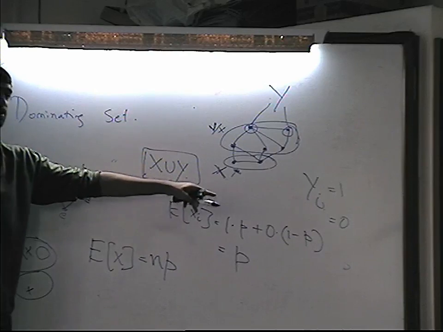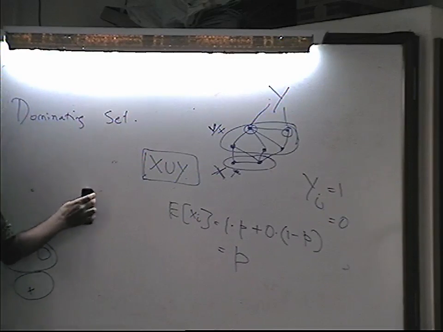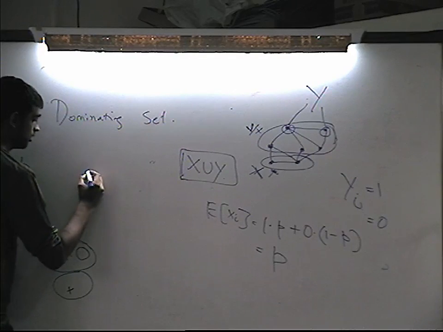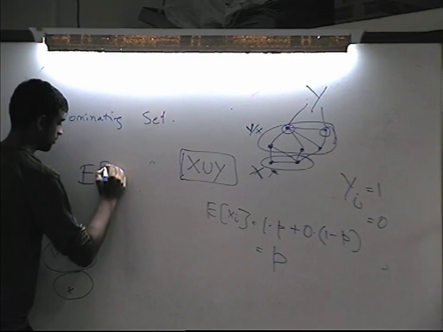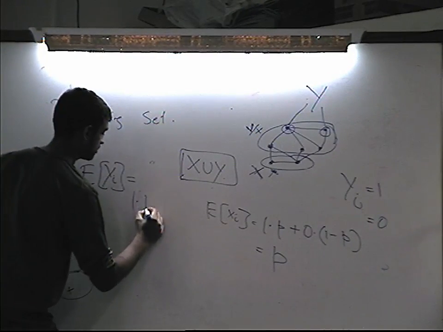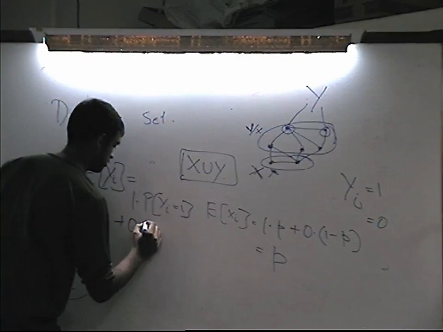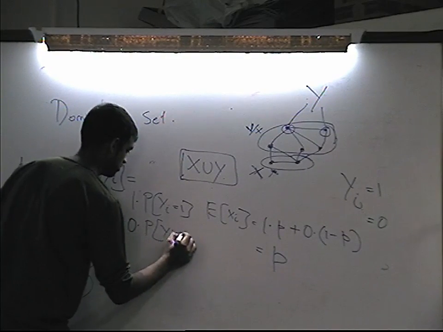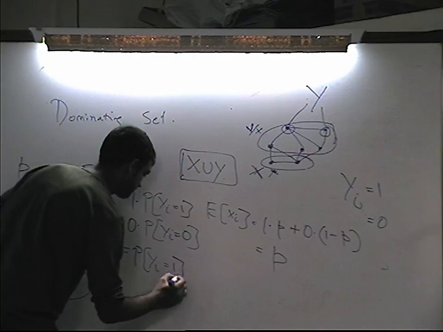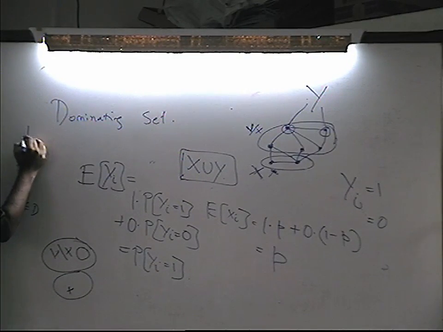This is the crux of this argument. So now, what is the expectation of yi? This should be 1 times the probability that yi is equal to 1 plus 0 times the probability that it is 0, which is just the probability that yi is equal to 1. So what would this be? Let the minimum degree of every vertex be d.